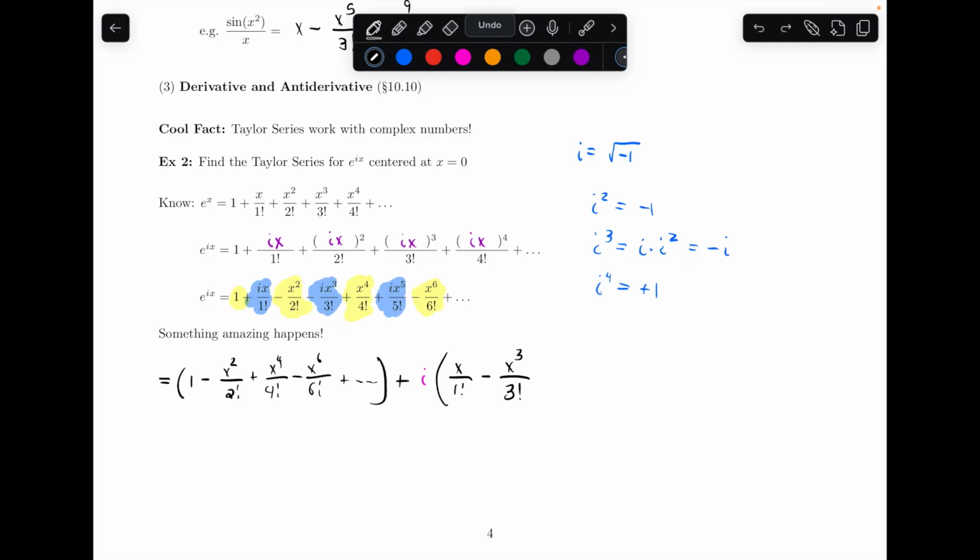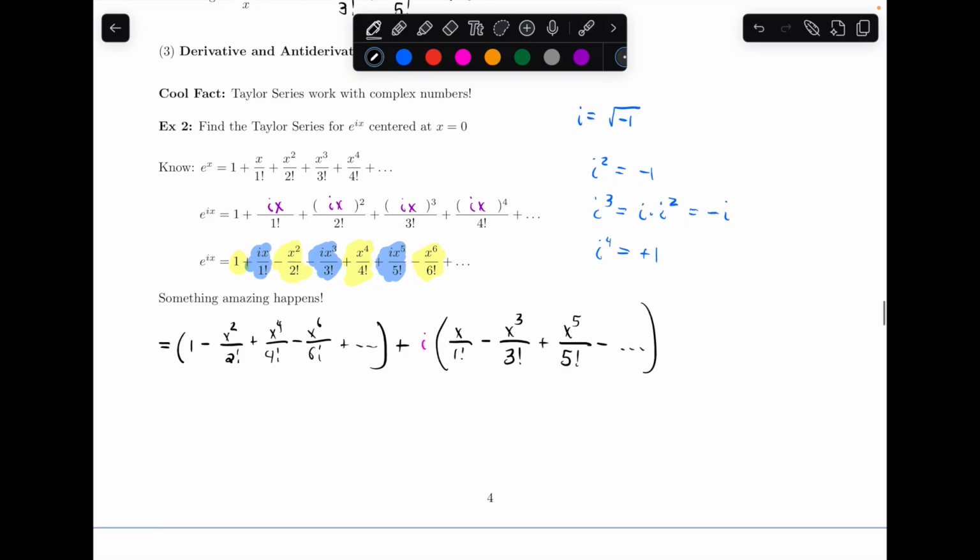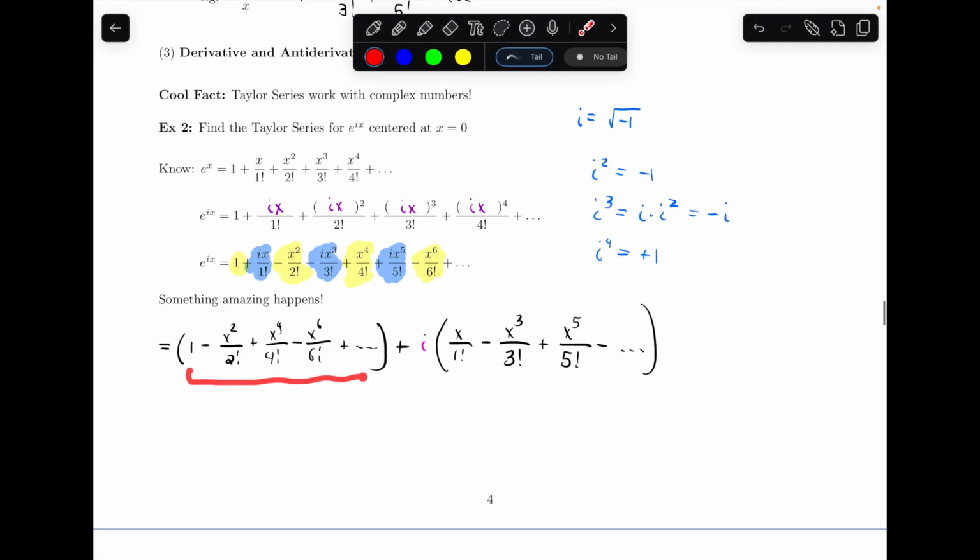And then from this 5th power term, I'll get plus x to the 5 over 5 factorial. After that, it'll be minus dot, dot, dot. Now each of these things in the parentheses are actually the Taylor series for some known function that I already have. I want you to give the video a pause for 1 minute and see if you can recall what functions they represent. In 3, 2, 1, pause it and try that.